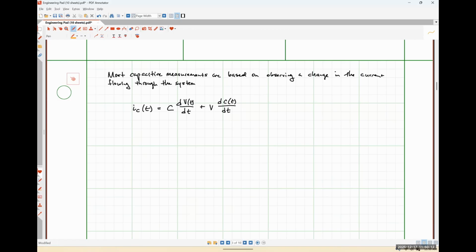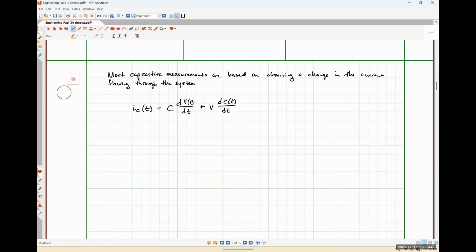So this part right here is what we were actually just exploiting, okay? So this is what you would get if you took the total derivative of C times V with respect to time. You're going to have a current due to constant capacitance and changing voltage, which is the conventional current that we're used to, and then we're going to have what's called the motional current that's due to the capacitance changing while we hold the voltage constant, okay?